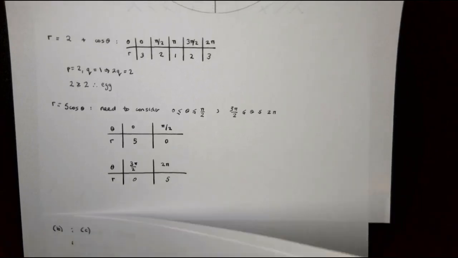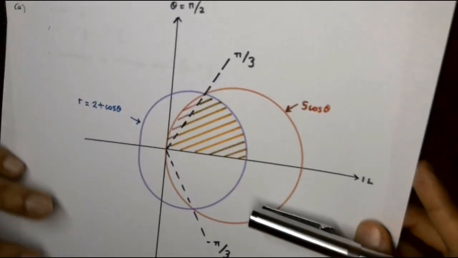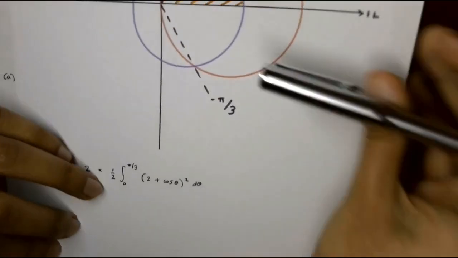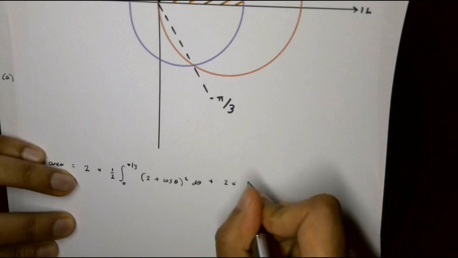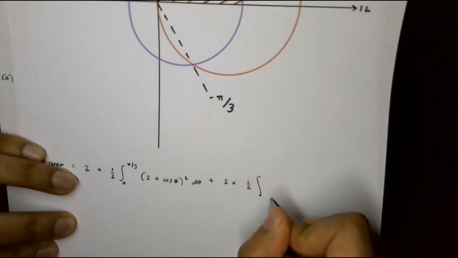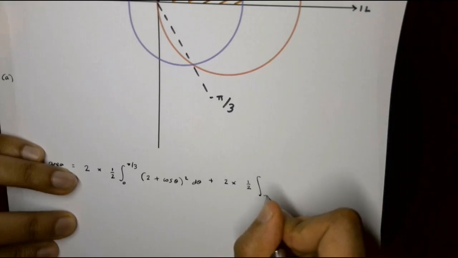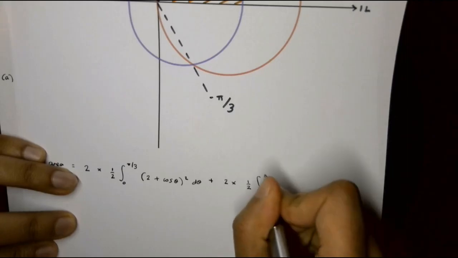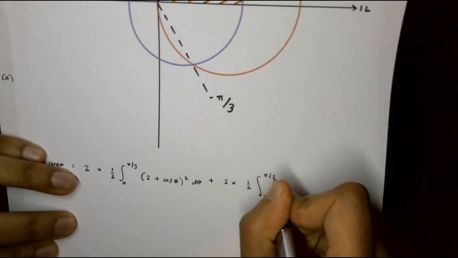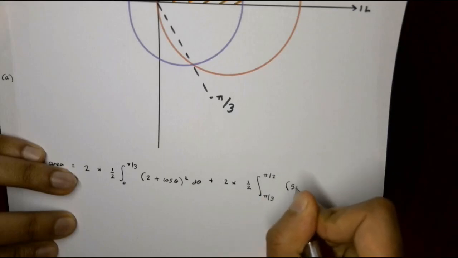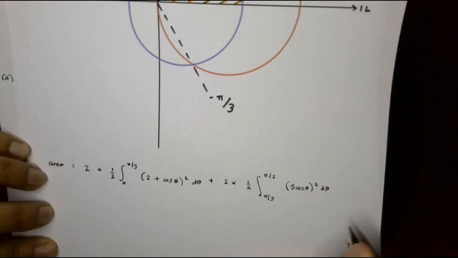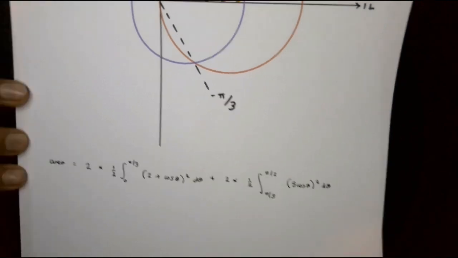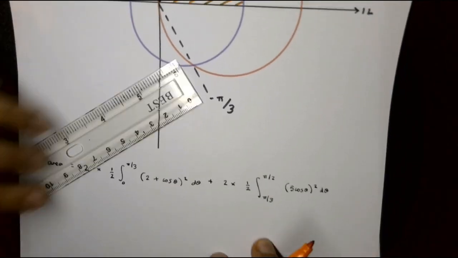So with that, we add on 2 times by 1/2 of the integral from pi over 3 to pi over 2 of 5 cos theta all squared d theta. So what we now need to do is, well, let's just show you which bits correspond to what.